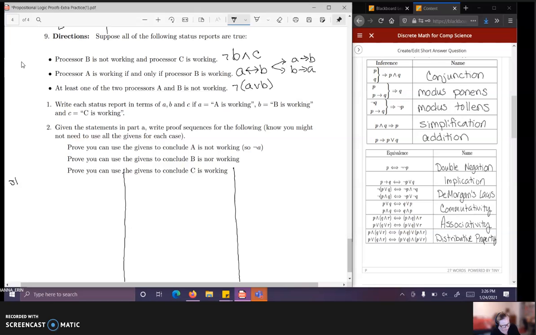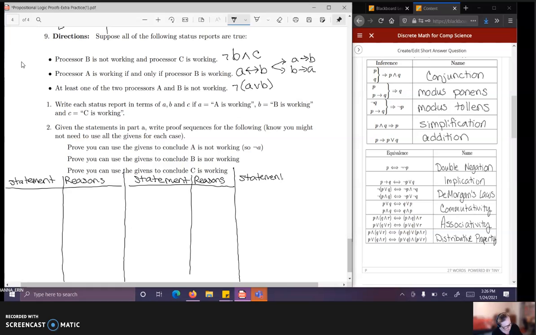Let me set up my proof tables first. Let me just draw those out really quick. Our givens are going to be the things that we just wrote down, the things that we are told are true.